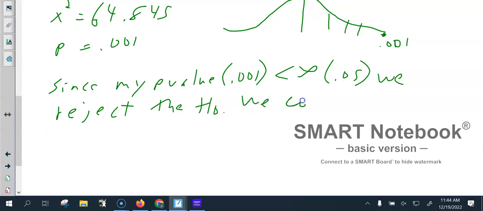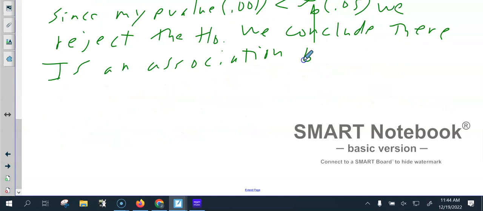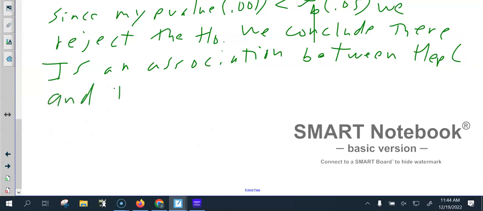So we conclude that there is an association between Hep C and tattoo location.